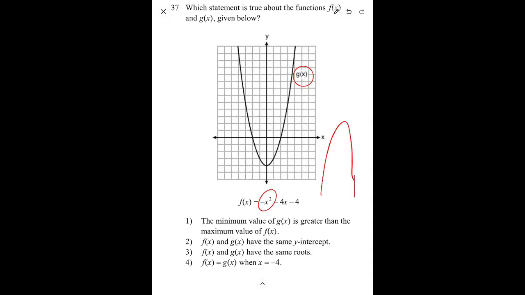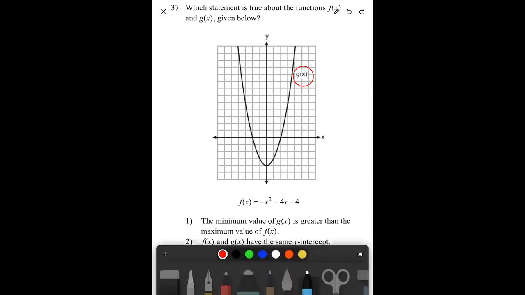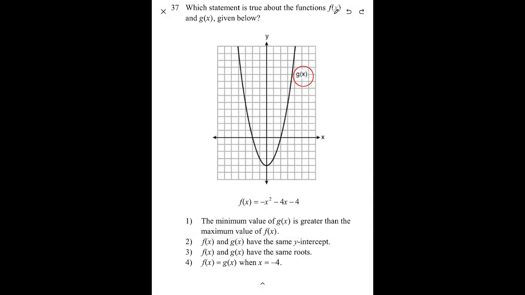Now, let me get rid of this. What I'm going to do is look at this first quadratic, the g of x one, and point out a couple of things. The zeros for this quadratic are here and here. So we can see that this is a -2 and this is a +2.